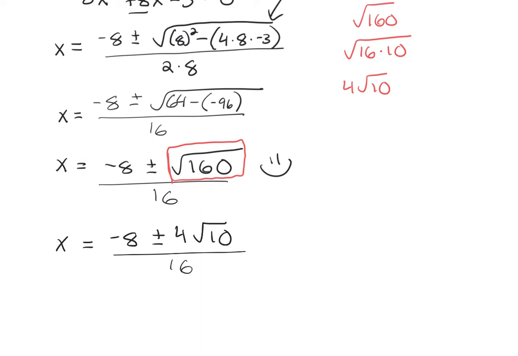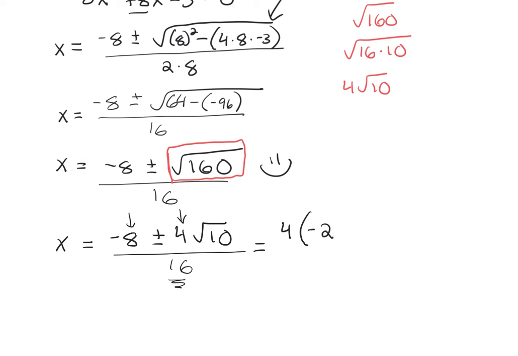Okay, in this part, if you get this far, awesome. We technically can do one more step. When these have a common factor that can be simplified with the denominator, we can factor out a GCF. So in the numerator, they have a 4 in common, so I'm dividing a 4 out.